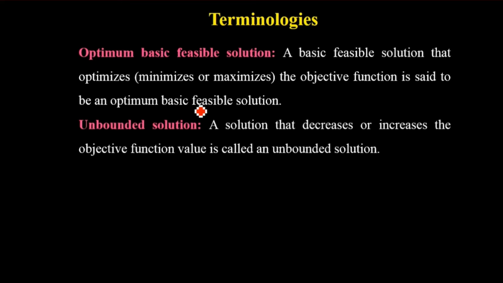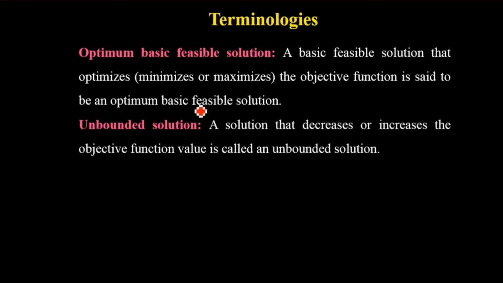Next is unbounded solution. Sometimes the solution will be bounded, sometimes unbounded. Sometimes all the solutions are confined in a particular region, or sometimes the region is unbounded, so the solution keeps going on and on.